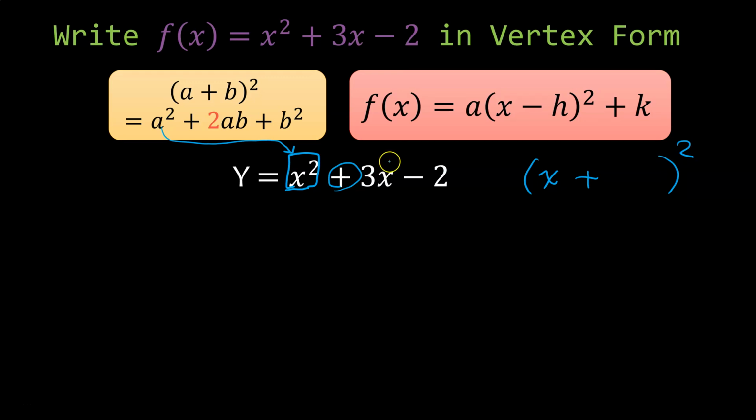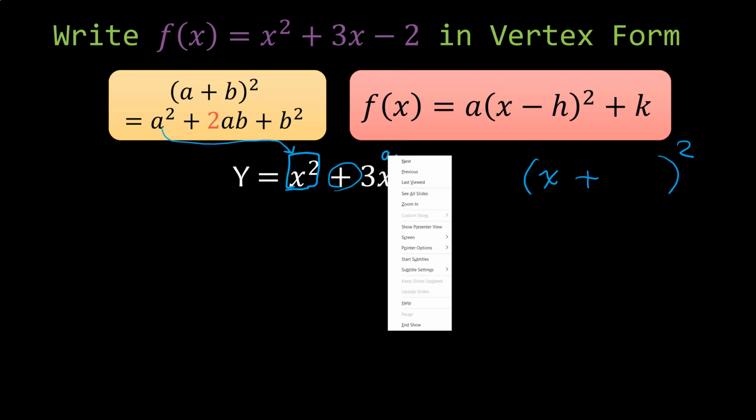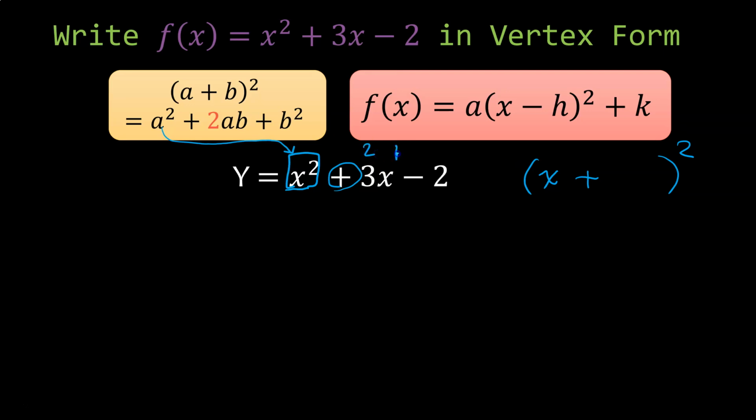Well, we see that the middle term is supposed to be 2ab right here. Okay, a is x, so 2b would have to equal 3. Therefore, b would have to be 3 over 2.